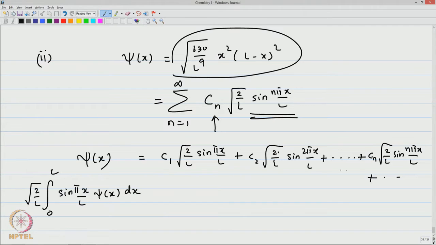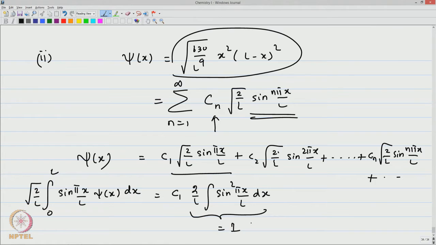Then you see on the right hand side, the first term gives you C1 2 by L integral sin squared pi x by L dx, which you know is nothing but normalization, therefore it is equal to 1. What about the next term? It is C2 2 by L integral sin pi x by L sin 2 pi x by L dx between 0 to L, plus other terms.